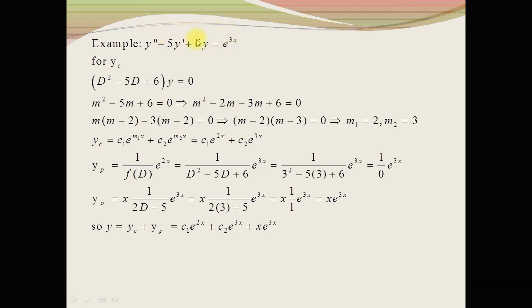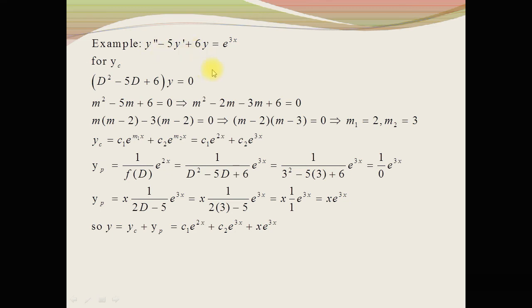When the higher order linear differential equation is equal to 0, it is called a homogeneous linear differential equation of higher order. For the homogeneous equation, we have to find only the complementary solution, and the complementary solution depends on the nature of the roots of the auxiliary equation of this differential operator part.